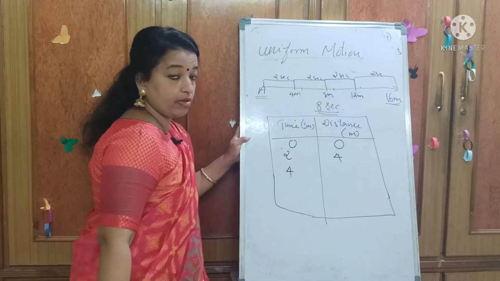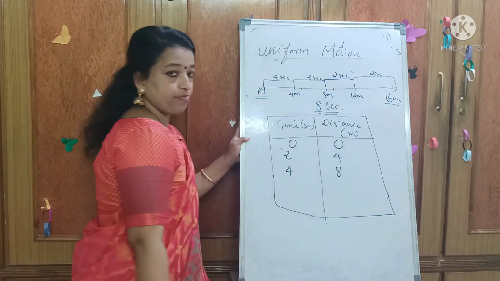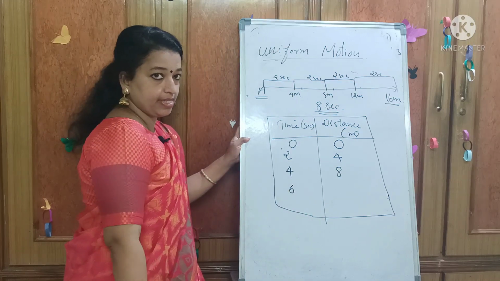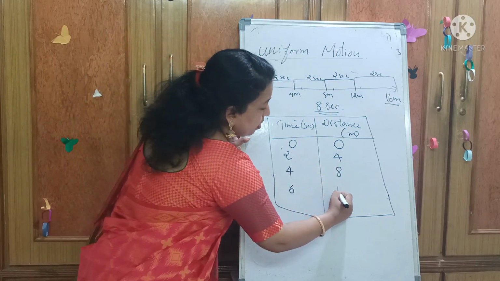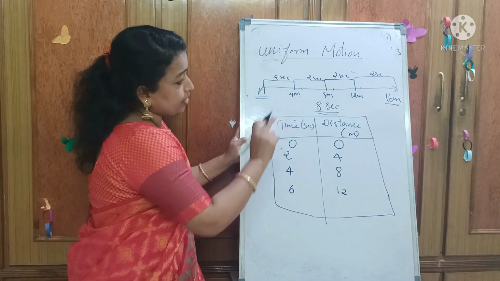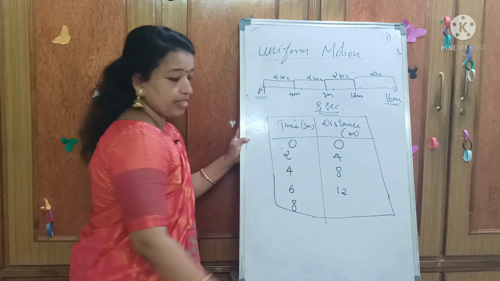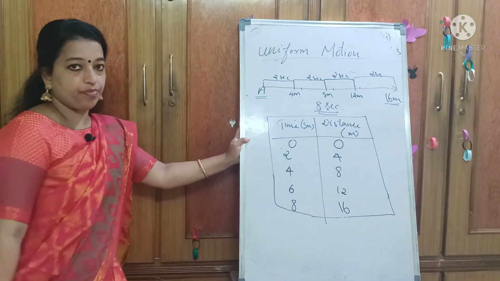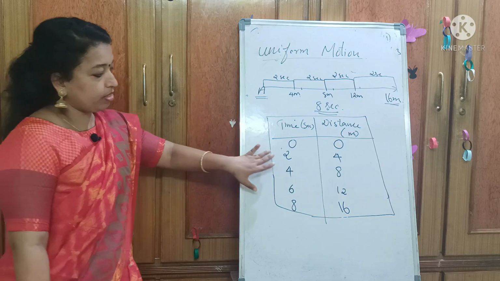How much distance did it cover? 8. In the next 2 seconds, the time becomes 6 seconds. Then it covered 12 meter. In the next 2 seconds, that is 8 seconds, it covers 16 meter. Right? Is it or not?